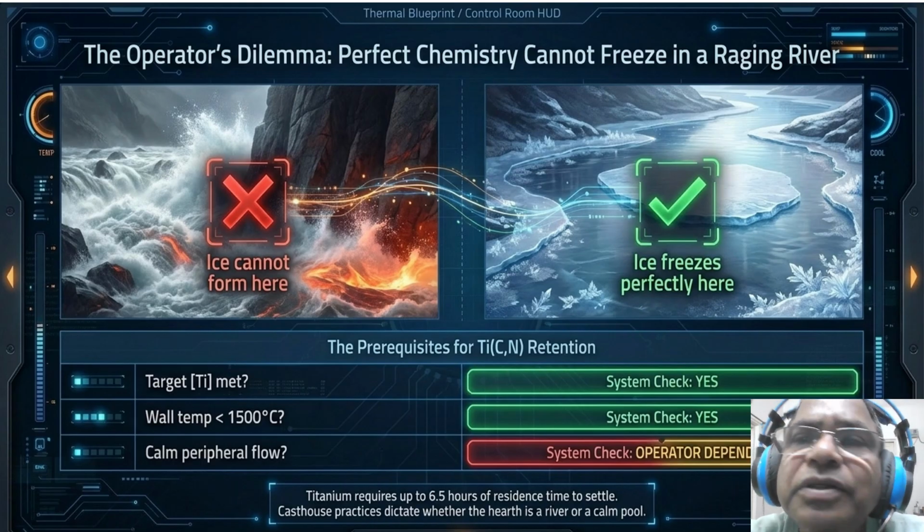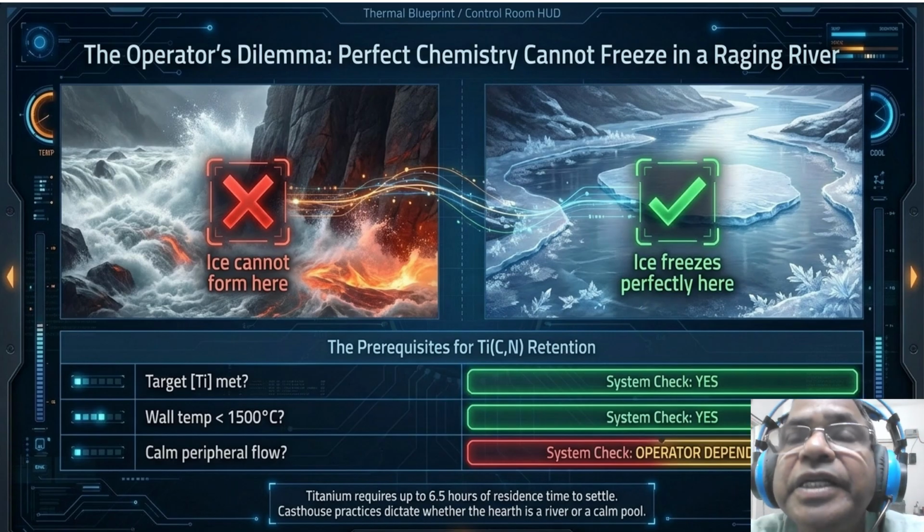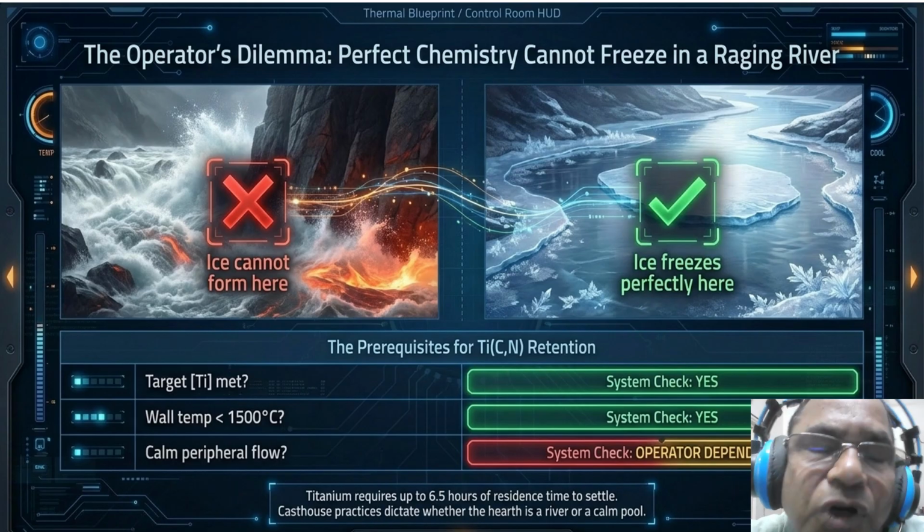We can meet our titanium target and our wall temperature target, but the calm peripheral flow is operator dependent. Titanium requires up to 6.5 hours of residence time to settle. If your cast house practices create a raging river, your protection will simply wash away.